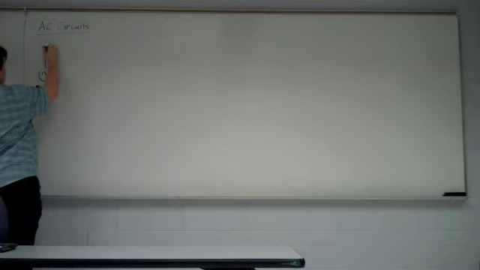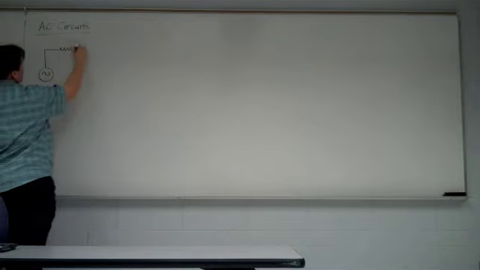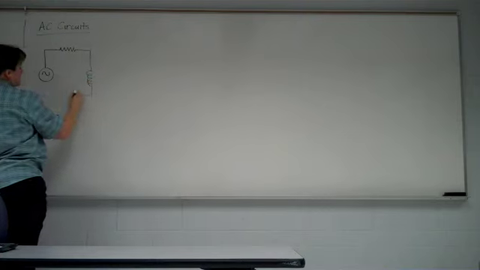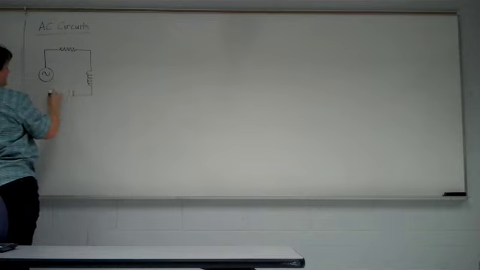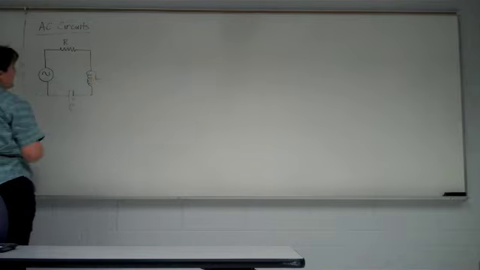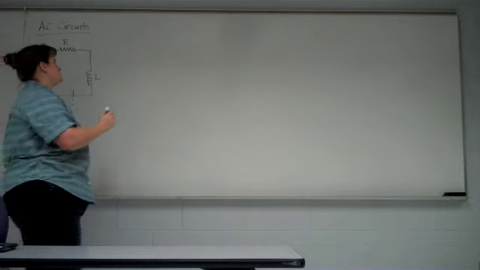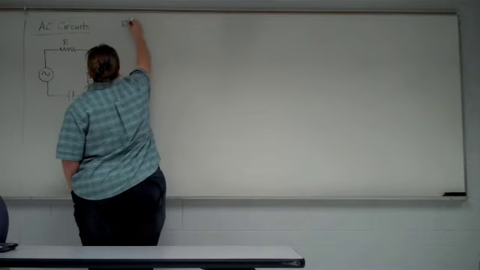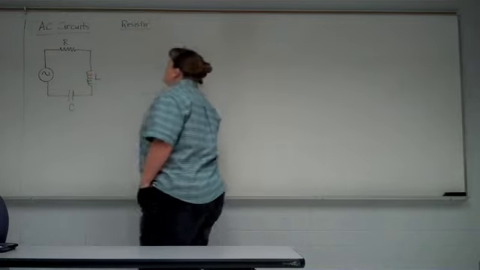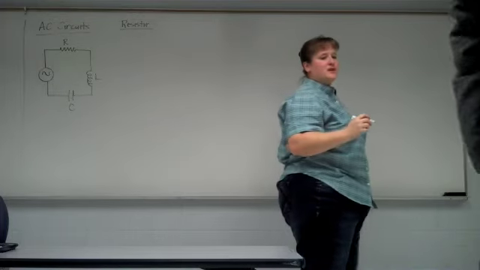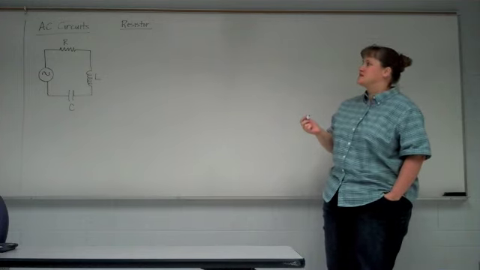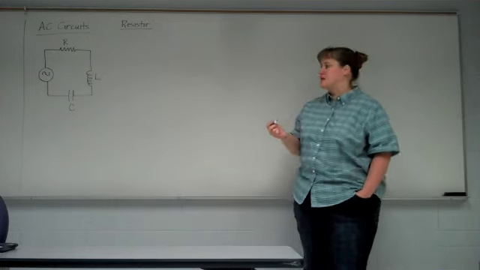We're going to look at all three elements that we talked about in a circuit. So a resistor, an inductor, and a capacitor. For the resistors, since the current will be alternating with time, the voltage drop across the resistor will also be alternating with time.